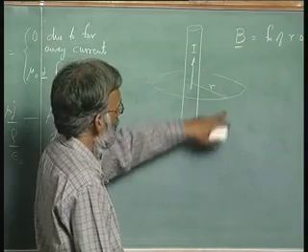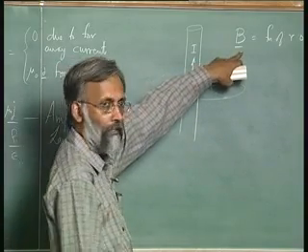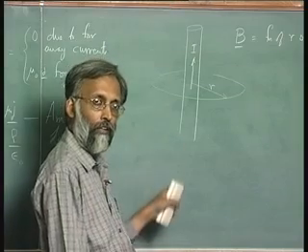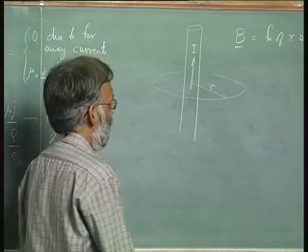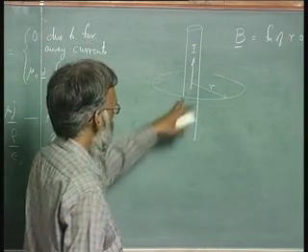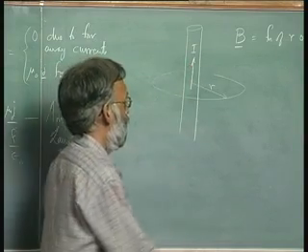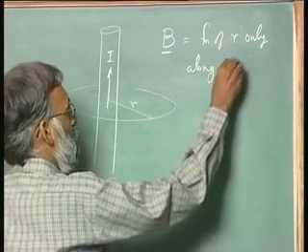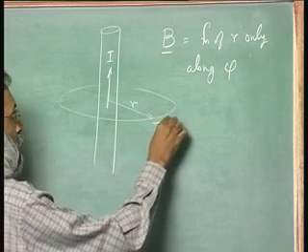Cannot be a function of z because if I move slightly up, it is still the same problem. There is an infinite amount of wire above, infinite amount of wire below. Just from looking at the geometry, I also know it is along phi. Phi is this angle.